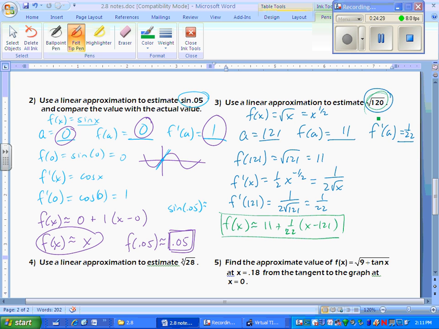Now that we want to estimate this, when x is 120, we're just putting 120 in here for x. So we get 11 plus 1/22 times 120 minus 121.